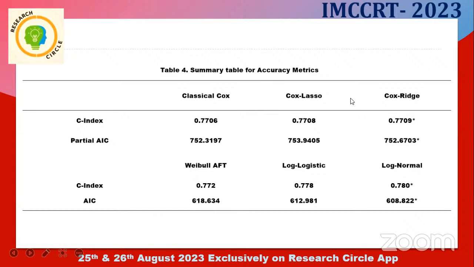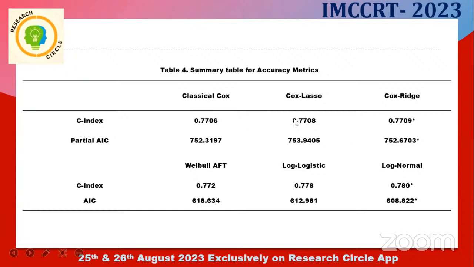So we can see here that across these three different semi-parametric models, Cox Ridge has the highest C index, though not necessarily the lowest partial AIC, because what we want here is to have the lowest AIC value. In this case, the classical Cox model has the least value of the partial AIC.